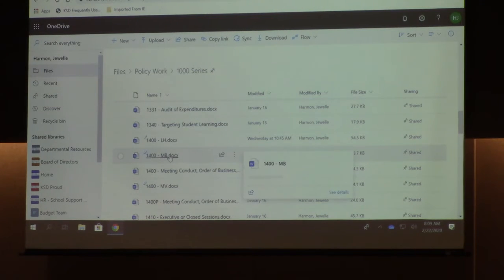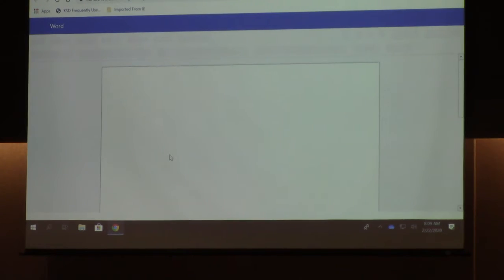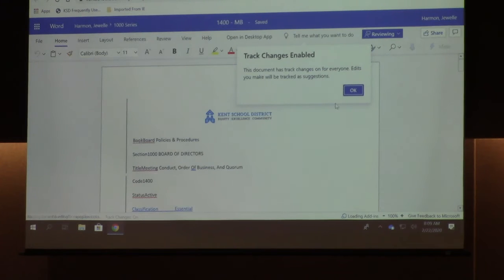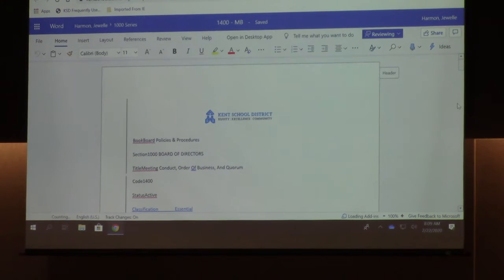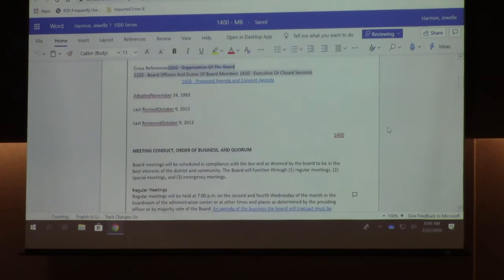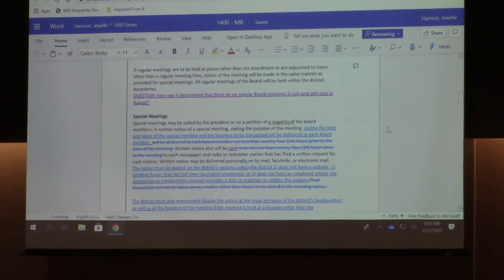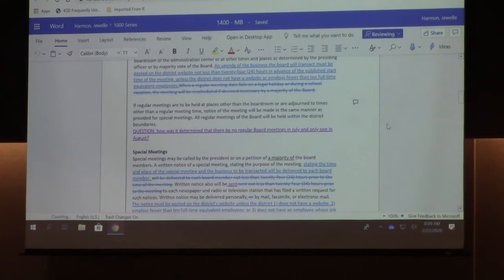Moving on, Director Bettinger. My question, and I'll share it, is: when I look at the board meetings, there's important work to be done in the summer months, especially around the budget.